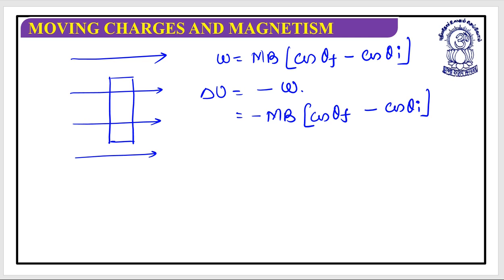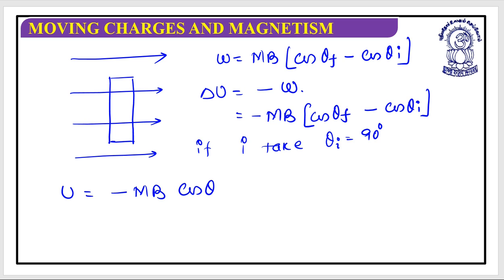So if I take theta initially equal to 90 degrees, then the final potential energy could be written as minus of mB into cos theta.